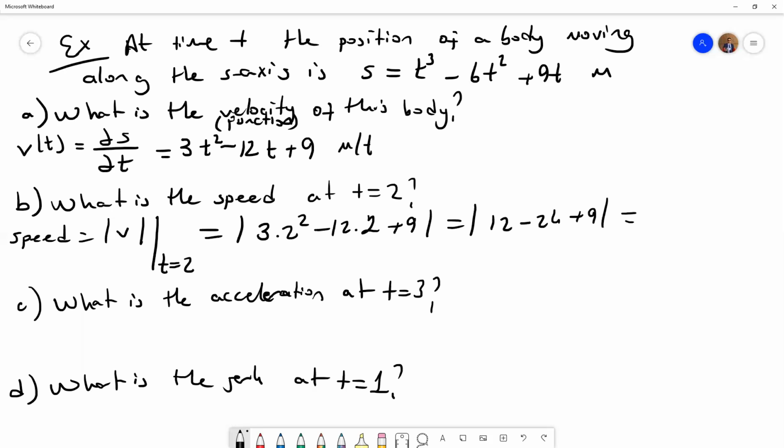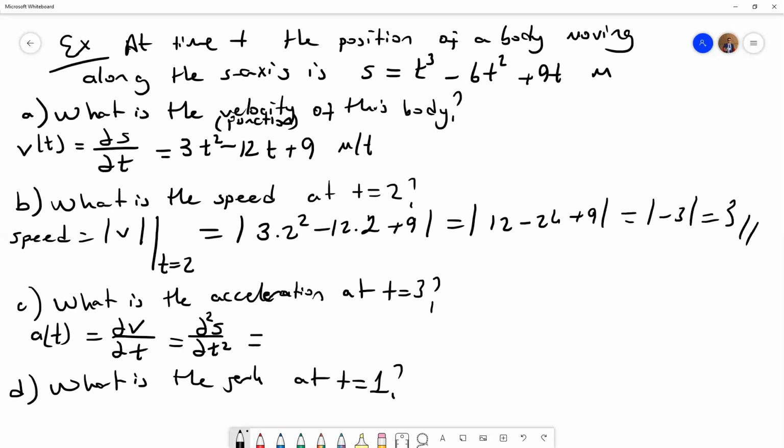So it is minus 3 in absolute value, and this is 3. 3 is the speed of our body at time t = 2, sorry. What's the acceleration at t = 3? For the acceleration, we have to find delta v over delta t, that is delta squared s over delta t squared.